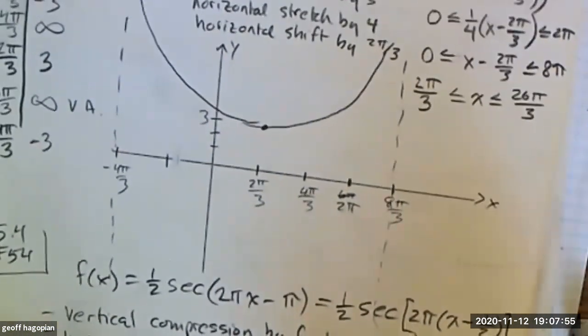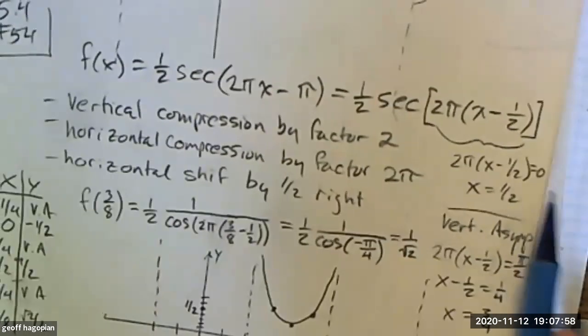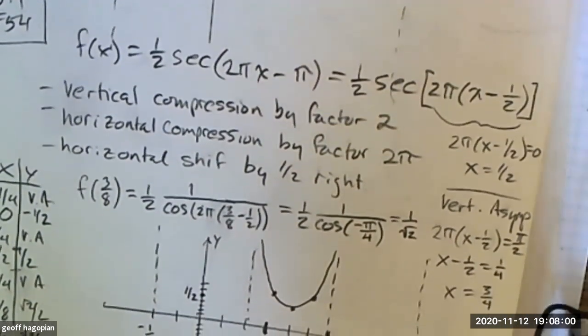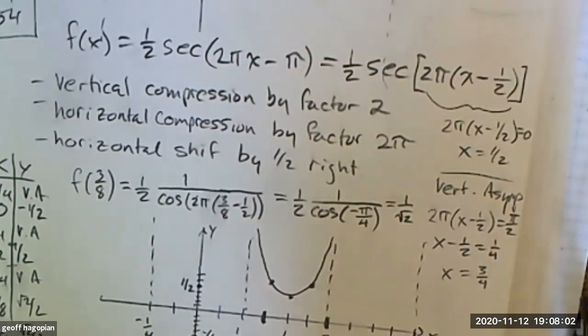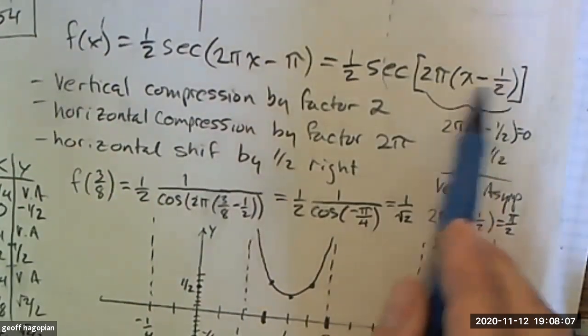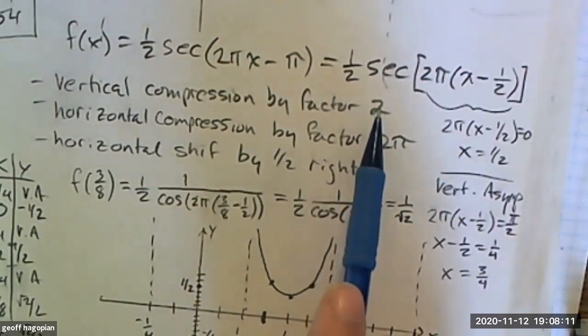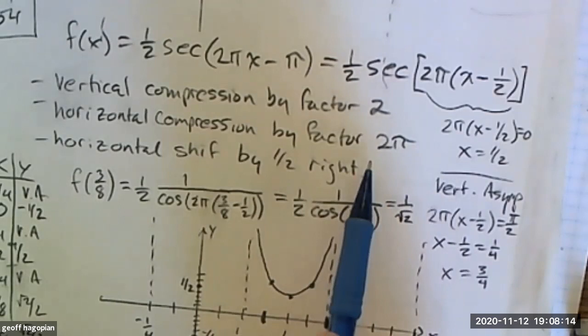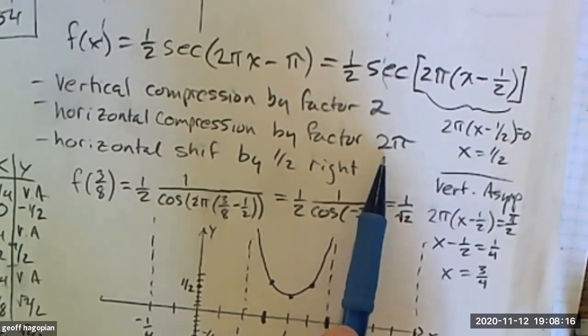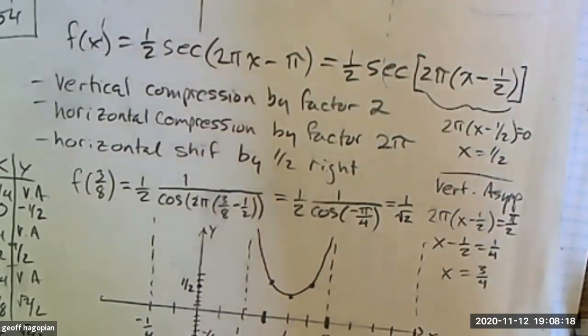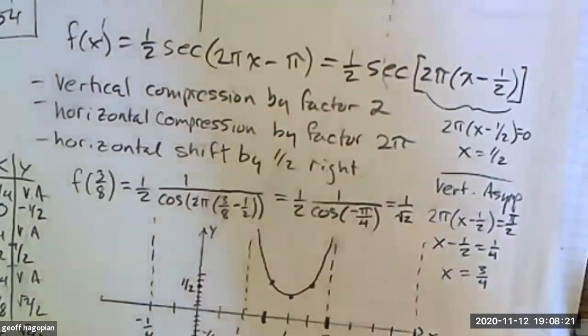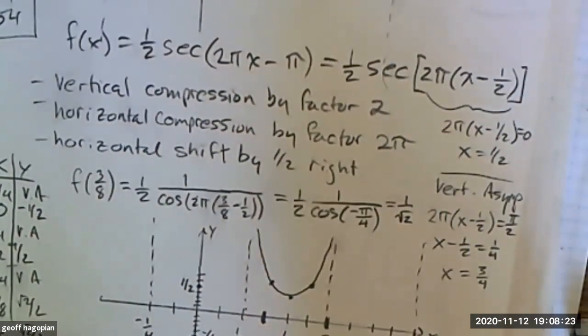And what did we do then? We looked at 1/2 secant of 2 pi x minus pi. So we should factor out the 2 pi and see there's a vertical compression by a factor of 2, horizontal compression by a factor of 2 pi, and a shift to the right by 1/2.